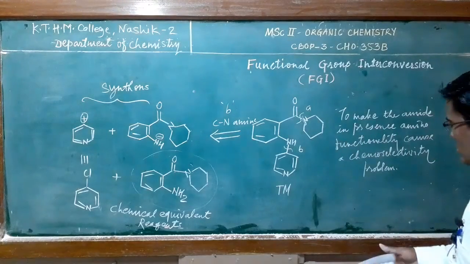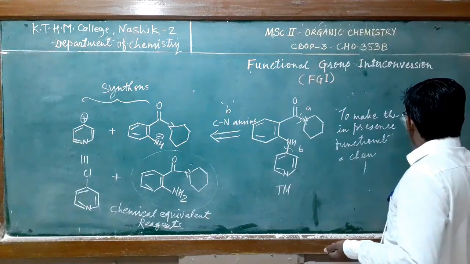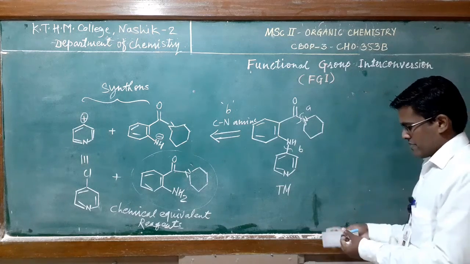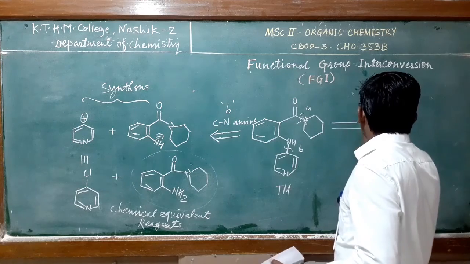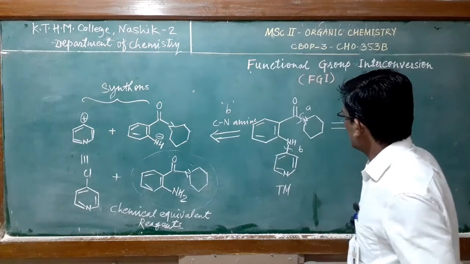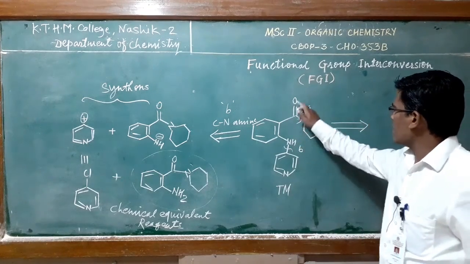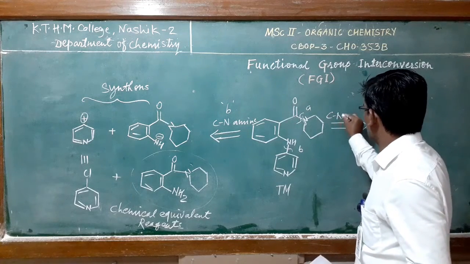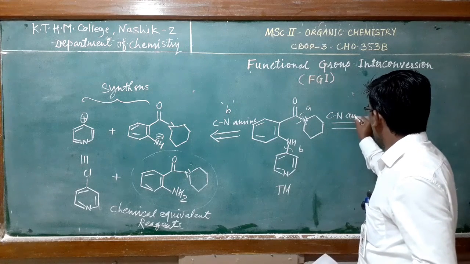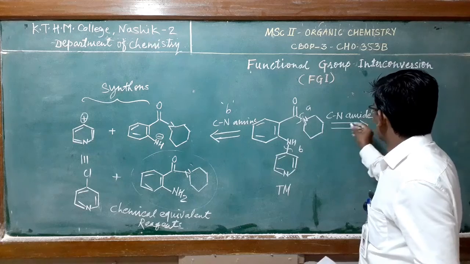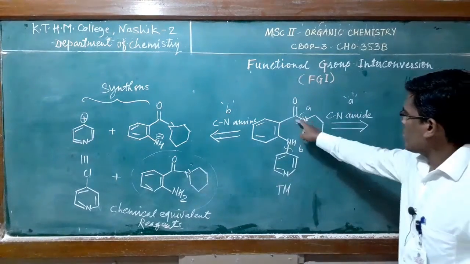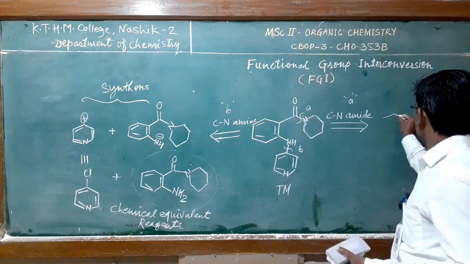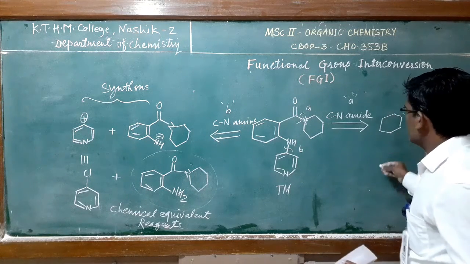Okay, so let us have cleavage A. Here, the CN amide bond, so we should write over here CN amide. This is the A cleavage. When you cleave this bond, you will get two fragments.